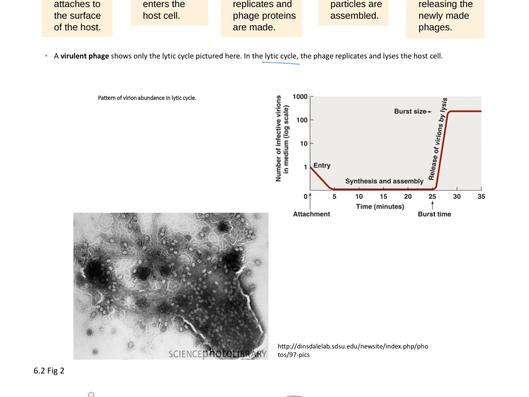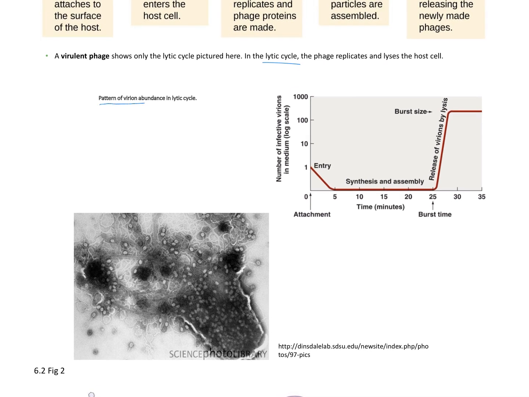If we look at the pattern of virion abundance in the lytic cycle, in other words, if we look at a growth curve, compare it to the way bacteria grow, all it takes is one virion to enter the cell. And sometimes it could be more than that when there's lytic replication, and there often would be.